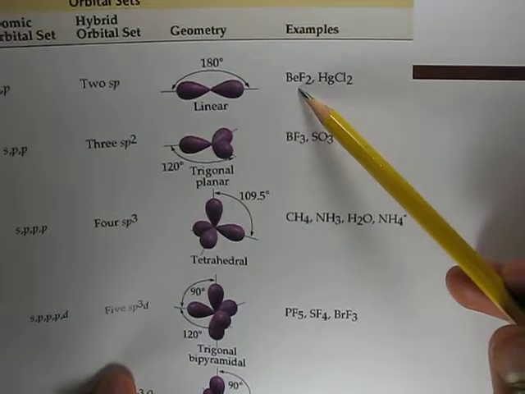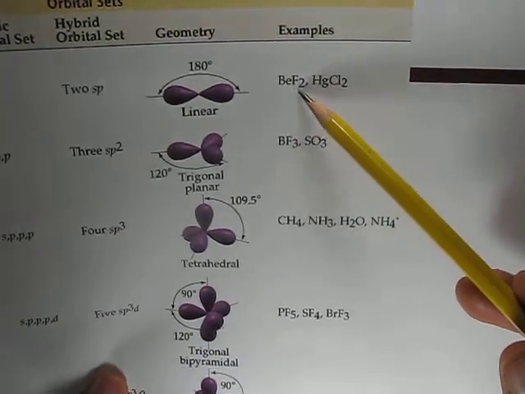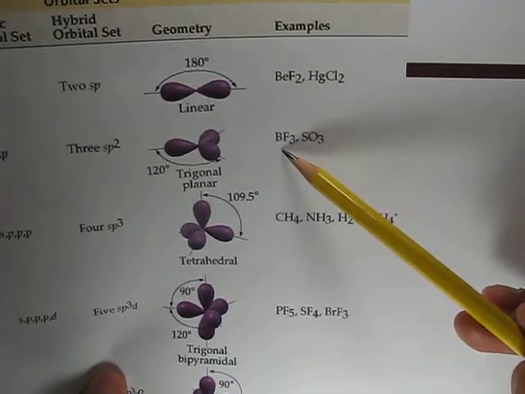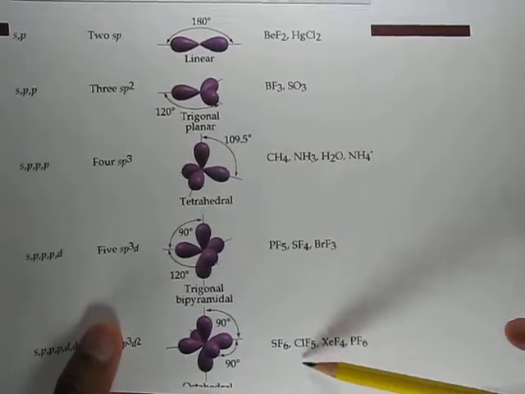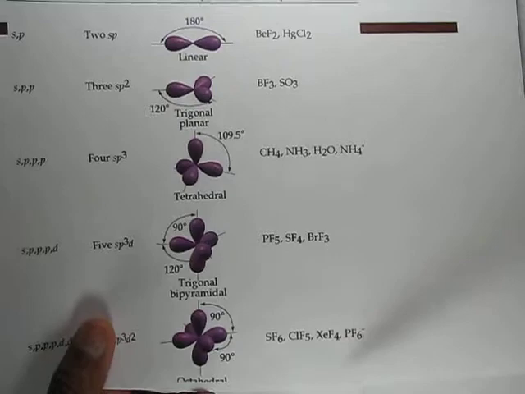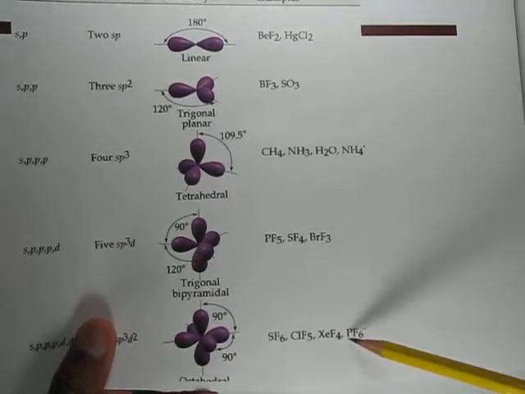Some examples are beryllium difluoride, mercury chloride, BF3, SO3, and these are for tetrahedral, trigonal bipyramidal, and octahedral.